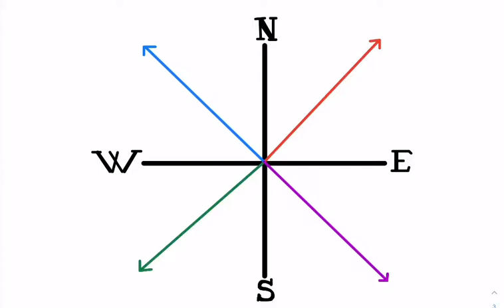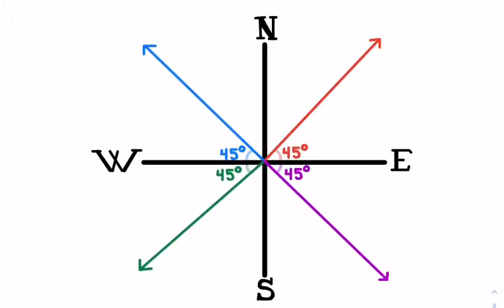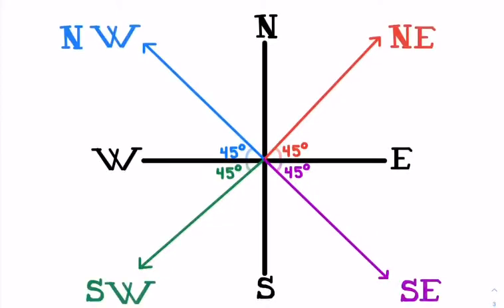But how do we describe the direction an object is moving if it is not moving directly to the right or the left or forwards or backwards? If the angle that an object is moving is directly in between north and east, or north and west, or west and south, south or east, then we can describe the direction the object is moving as northeast, northwest, southwest, or southeast.